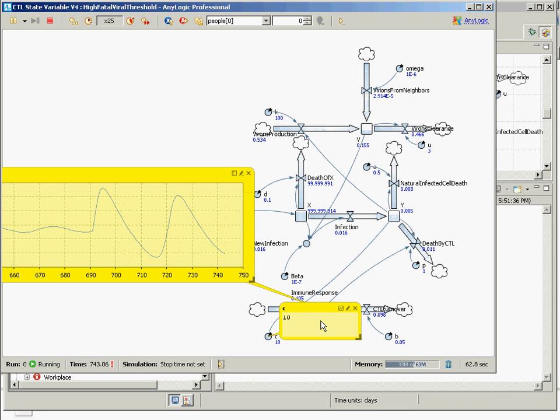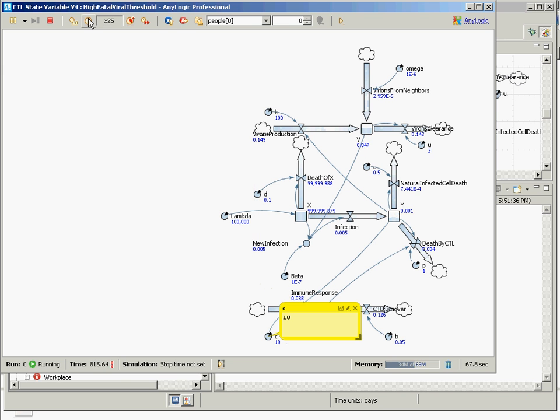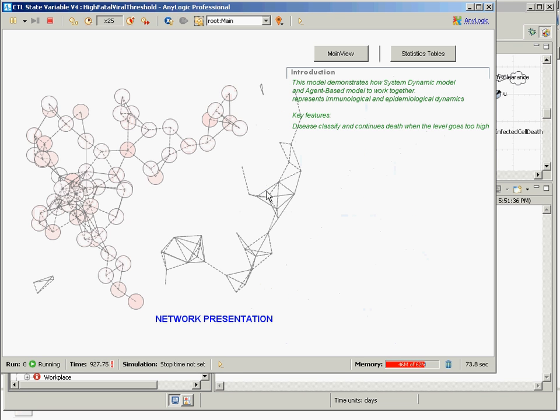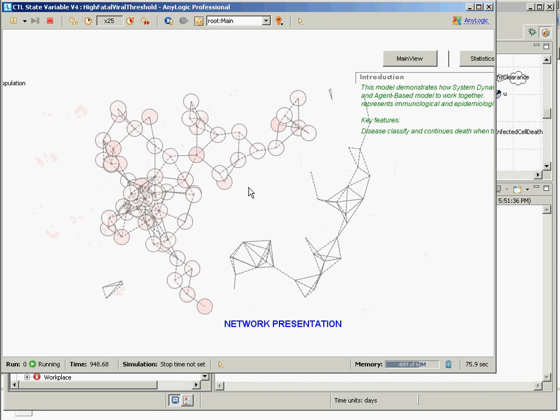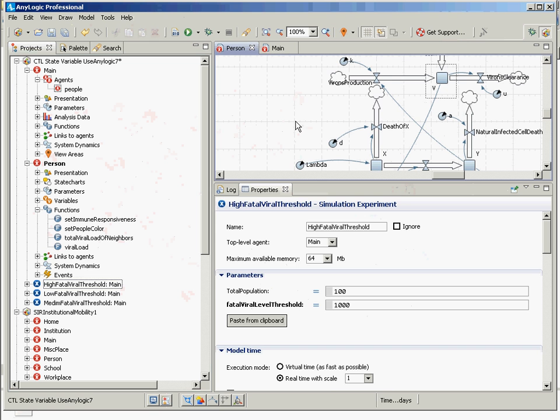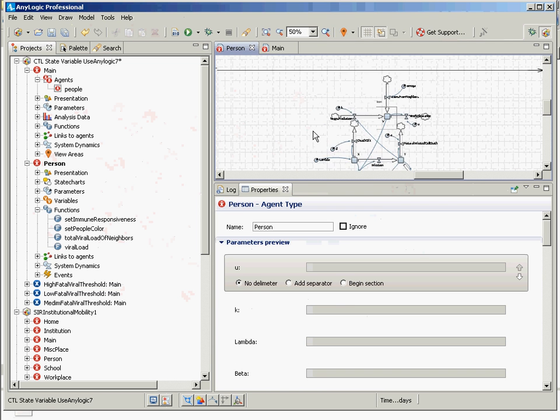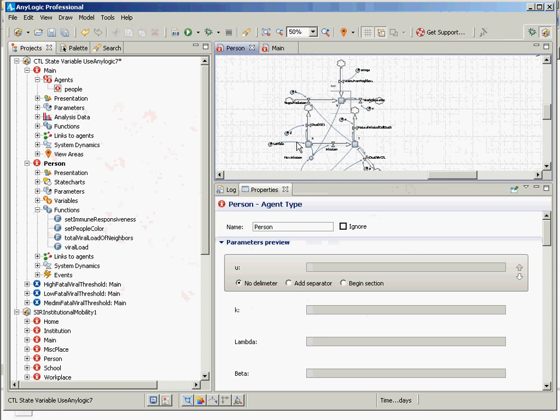So in any case, here we have individuals in a network that is characterized in classic agent-based modeling form, but we have their dynamics described both according to state charts over here to the left, as well as by stocks and flows over here to the right.